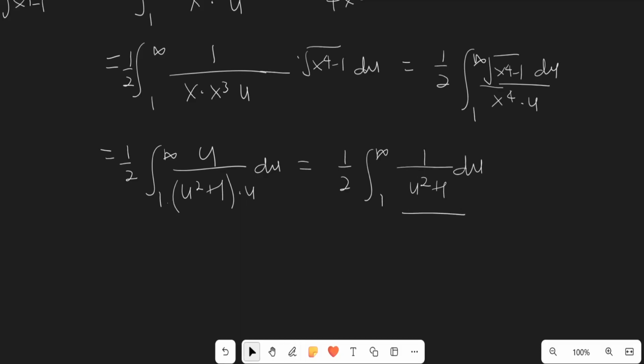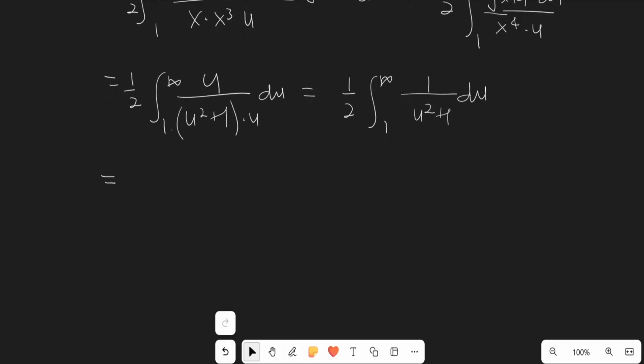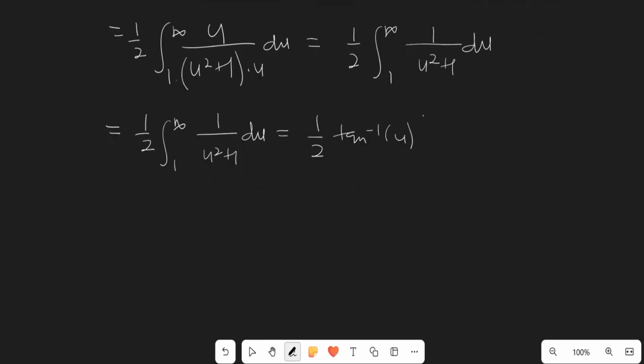And this is familiar. We have been doing this over and over. That is just the arctan, or the tan inverse. So 1/2 the integral from 1 to infinity of 1 over u^2 plus 1 du is just 1/2 tan inverse of u, or the arctan of u, and we are evaluating this from 1 to infinity.